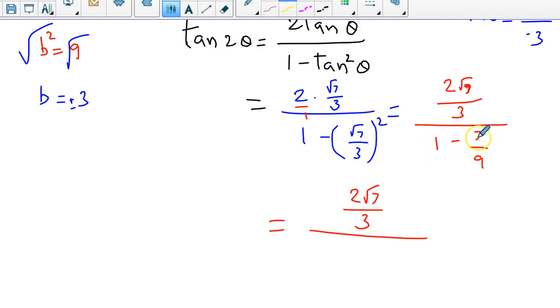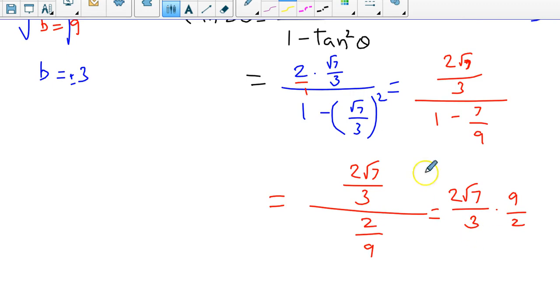So 9 minus 7 is 2 divided by 9, and the last step, what happens? 2 root 7 over 3 times 9 over 2. 2 and 2 cancel off, and 3 goes 1 time, and here 3 goes 3 times.